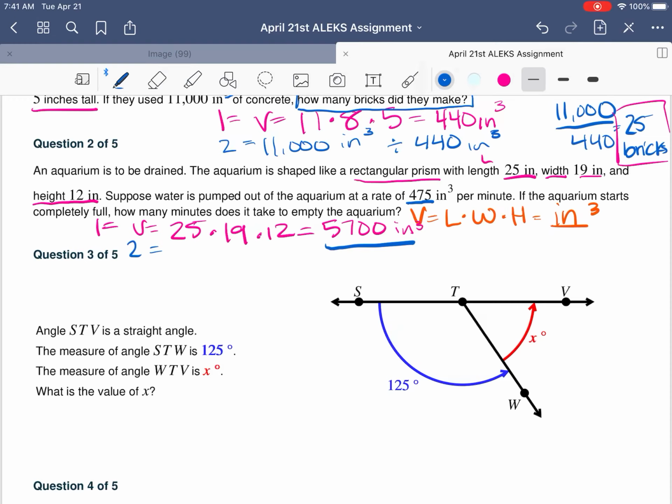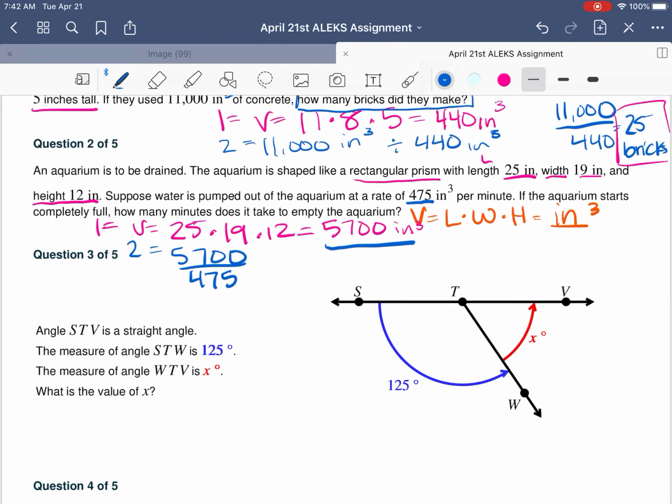So on the second one, we're going to take 5,700 and divide it by the 475. It was opposite in the fact of the first one. The first one took the first amount we got and divided it by the second, and this one is going the opposite way.